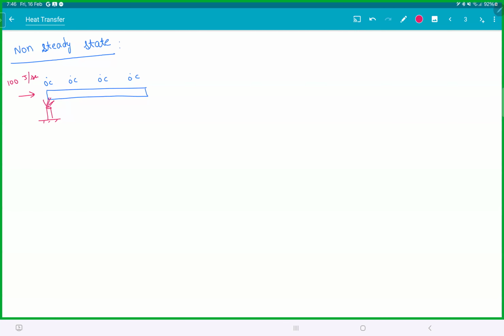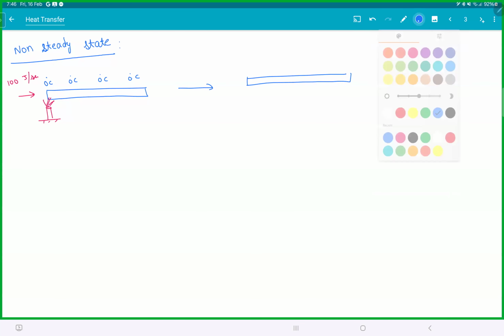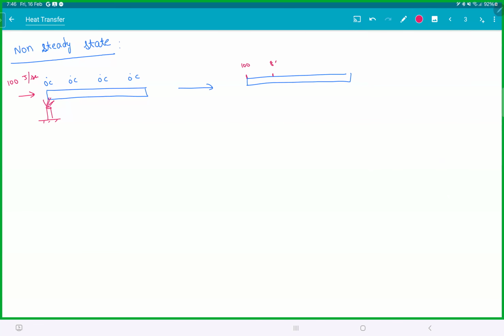So initially what happens? Suddenly everything will not go. This temperature will rise to 100, this temperature will be some 80, and this guy will still be 0, this guy will still be 0, this guy will still be 0.